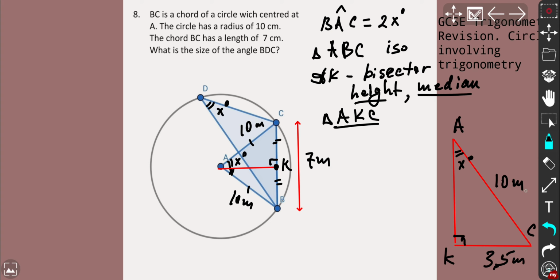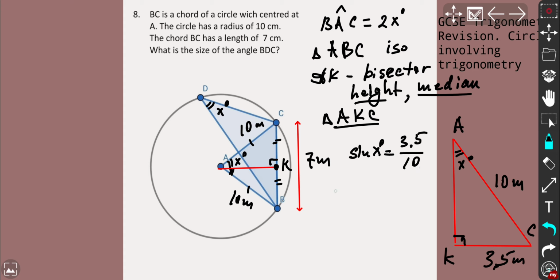So what about x? We can use sine, because the opposite side, 10 meters, is the height. So sine of x is going to be 3.5 over 10.